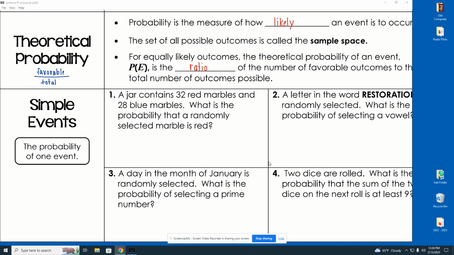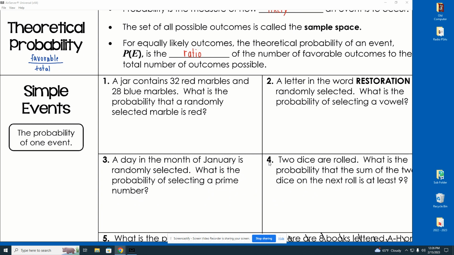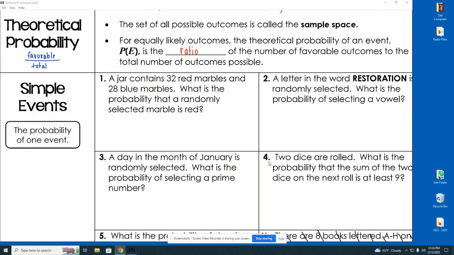A jar contains 32 red marbles and 28 blue marbles. What's the probability that a randomly selected marble is red? When we think about simple events, we're talking about single events, a single fraction. Favorable over total. What's favorable here? 32, the red ones.